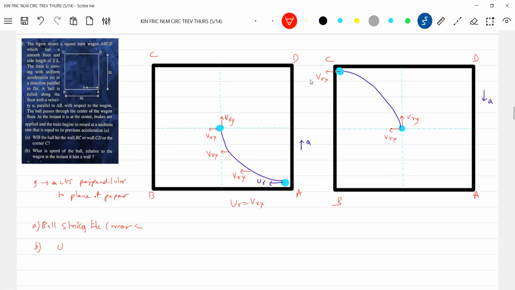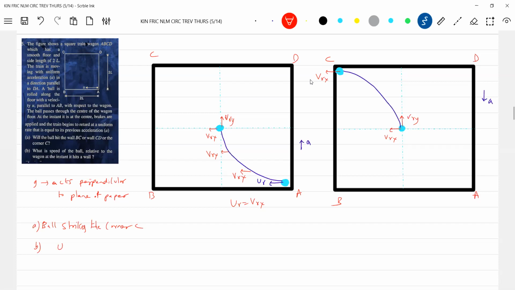In the ground frame, what actually happens? Anybody, can you tell how the motion of the ball will be? I think we have to draw the diagram. So the train will not be there only.